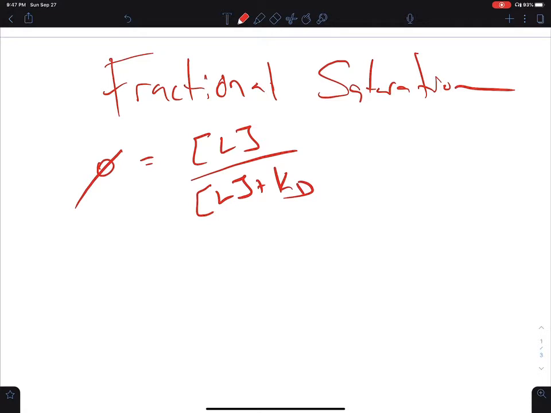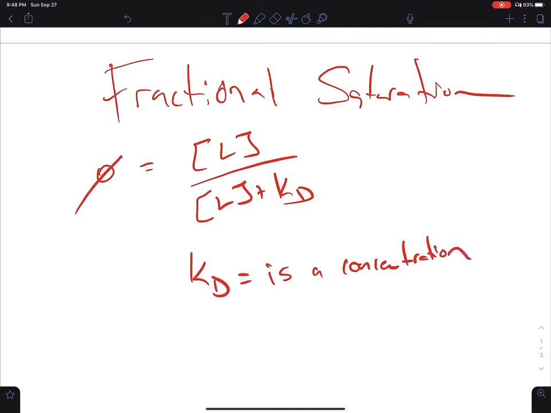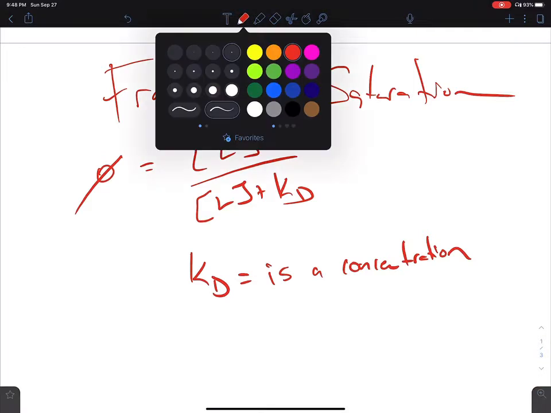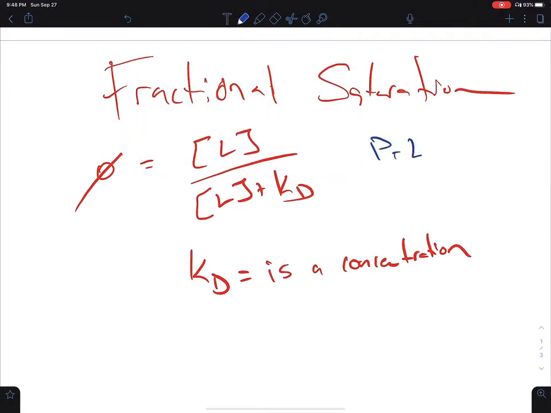One that will come out, I guess I'll go ahead and tell you now, is this. The Kd, by definition, is a concentration. And it is one particular concentration of this equation of P plus L goes to PL, right?